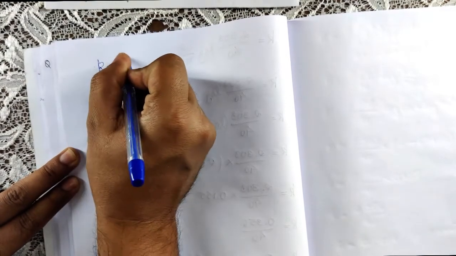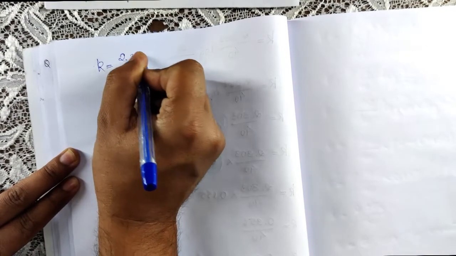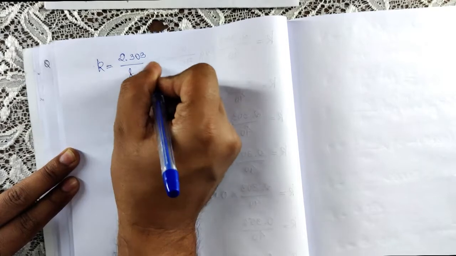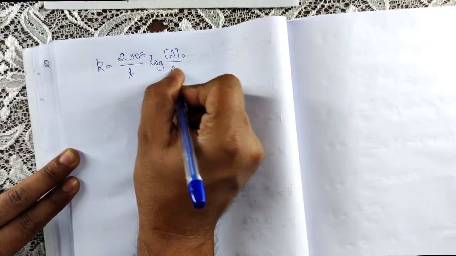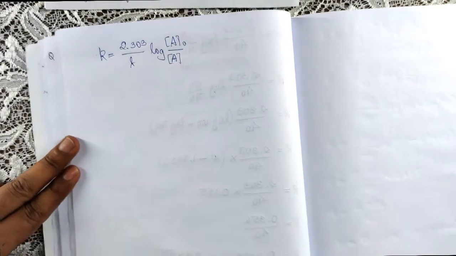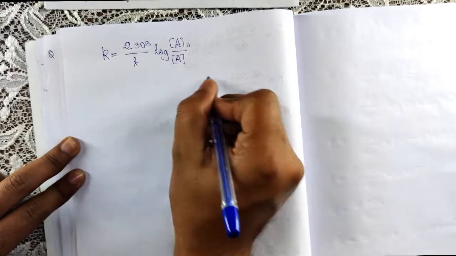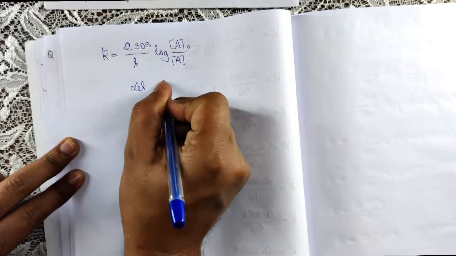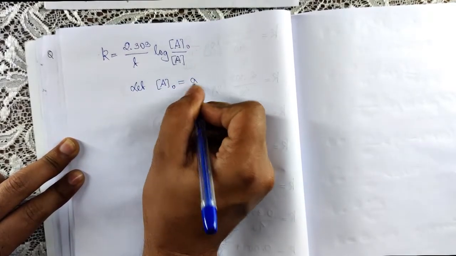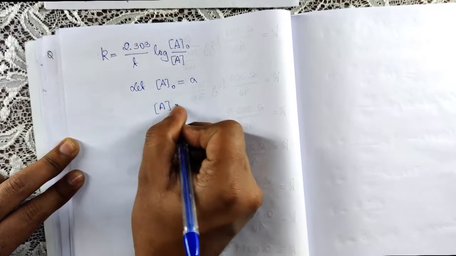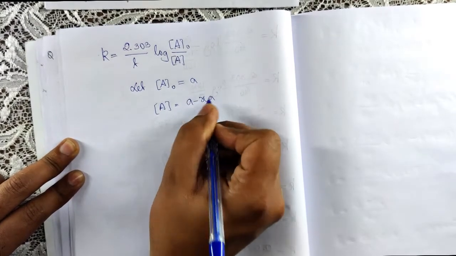So let's start again. We'll write down the formula. k is equal to 2.303 by t log a naught by a. So we are going to use this formula. So again, let a naught be a, and a will be a minus x.